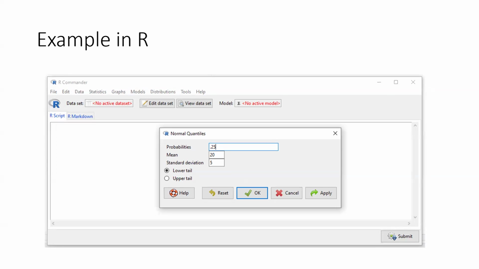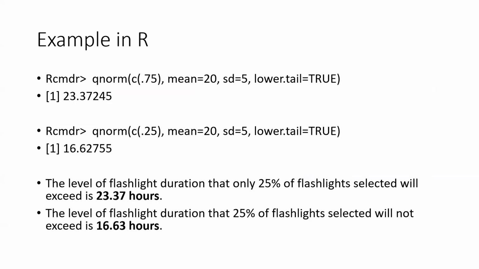And the other is 0.25 as far as the x value is concerned. And same mean and standard deviation, lower tail also. And this is the corresponding output for each. 23.372 and 16.627.